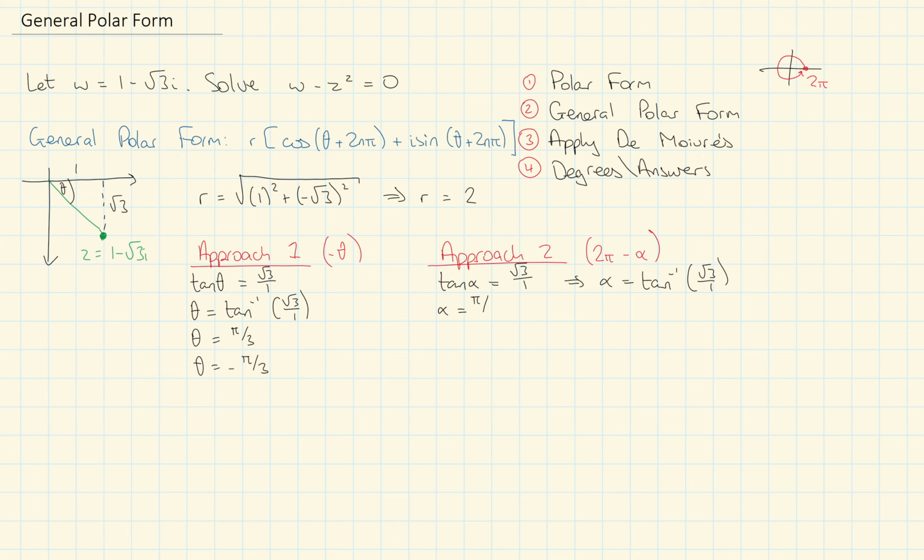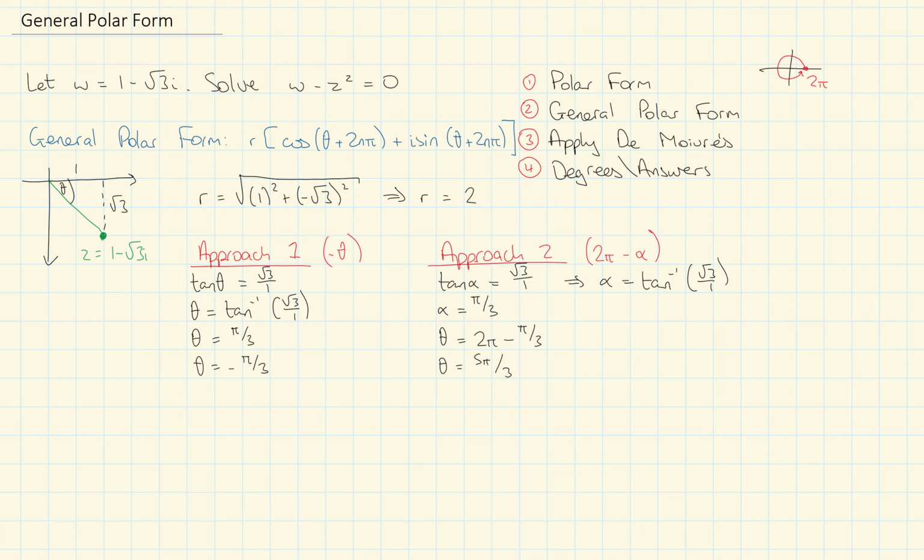For alpha we get pi over 3. Theta will equal 2 pi minus pi over 3. So theta equals 5 pi over 3.